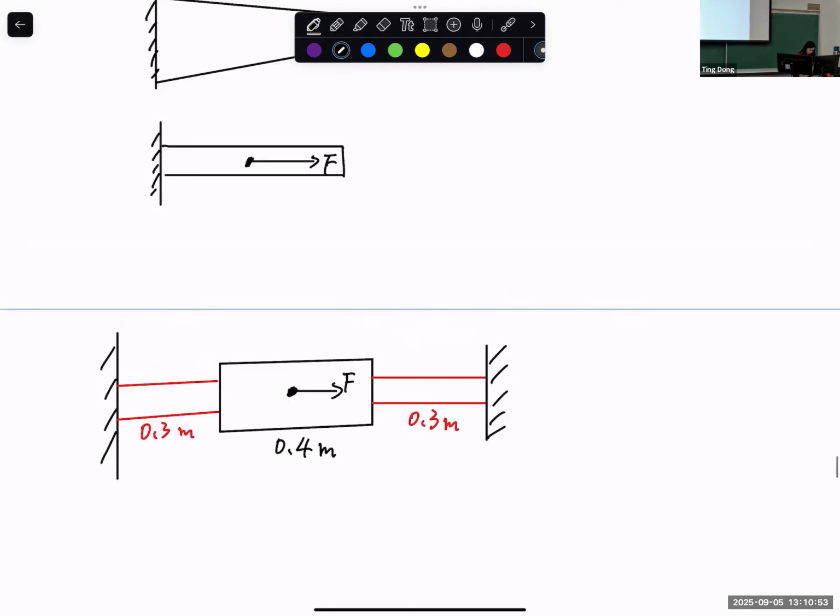Cross-section area, for the red section, it is 10 to the -4. And the same here, of course. And for the black section, the center section, the cross-section area is double.